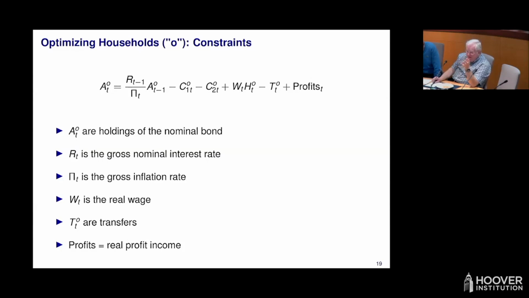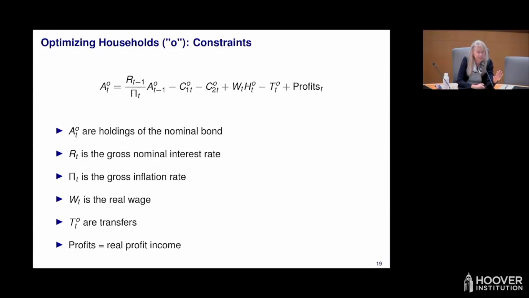That's one easy thing. And by the way, inflation is also going to affect the local eigenvalues when you log linearize this. I've shown this in a paper years ago. So the dynamics are going to be affected.